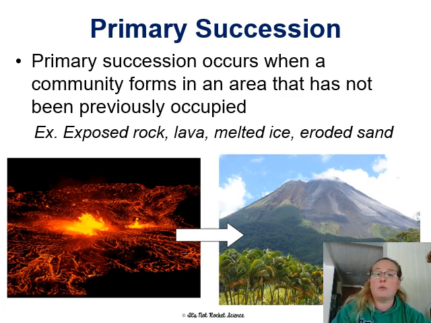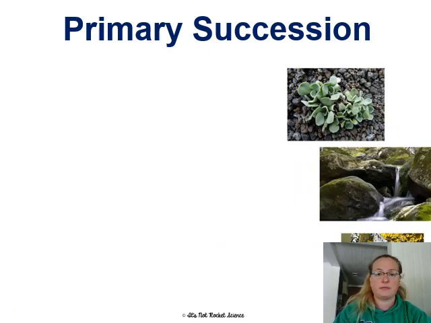That sometimes happens when ice melts. If a glacier recedes and exposes rock that was not previously exposed, then we can start thinking about primary succession. Also eroded sand. Occasionally, down on the beach or on different coasts of the earth, previously there was just sand, the sand erodes, and primary succession takes place.